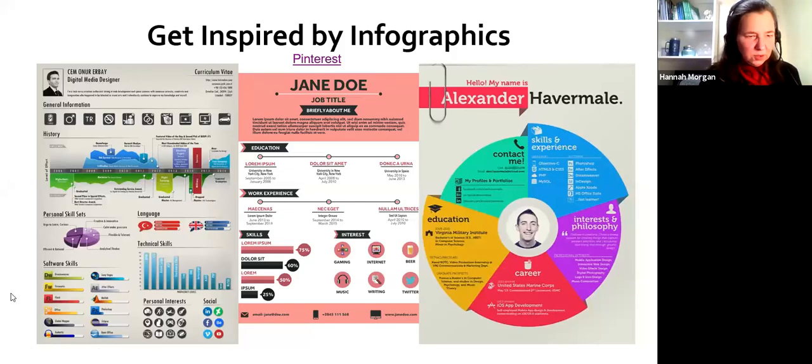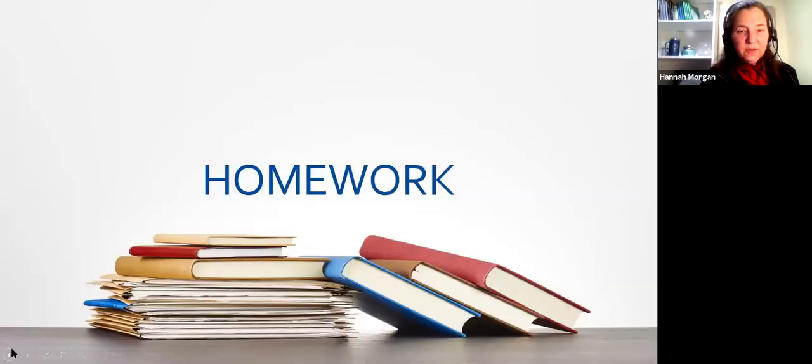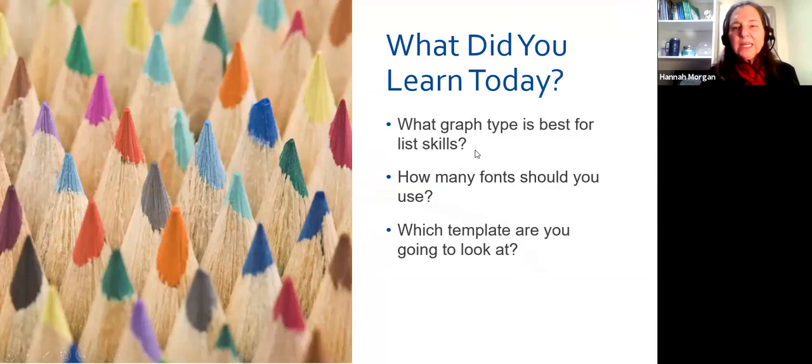Okay, hold on, let me go back. Well, I know we're almost out of time here, so I want to just quickly debrief. What graph type is best for listing your skills? Put that in the chat. What graph types do well for listing skills?